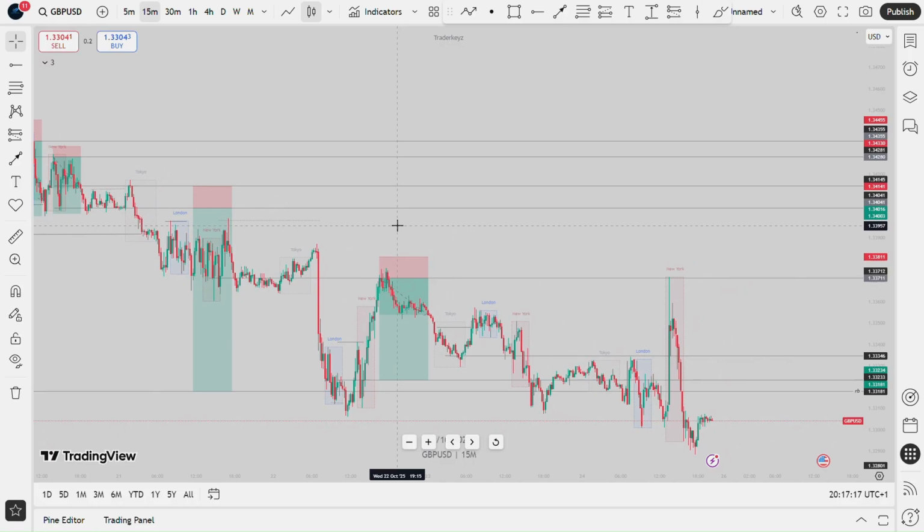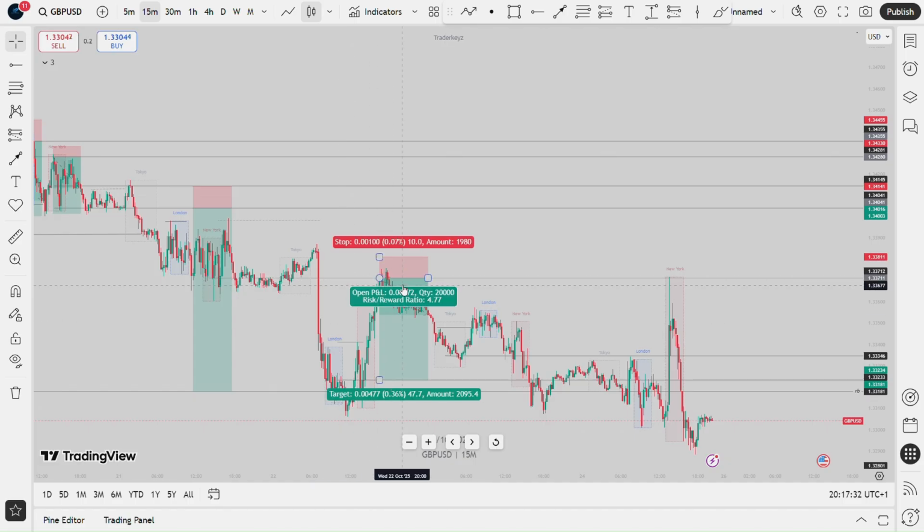Wednesday, we were again seeing how we would get in on this sell. Price created a strong high on the Asia session and then broke structure to the downside. We marked out our point of interest here, and our sell limit was set.